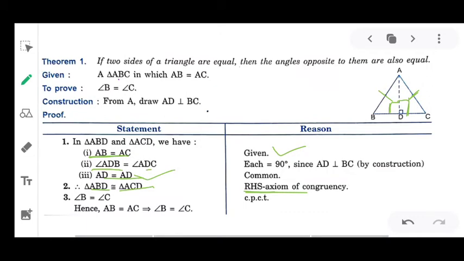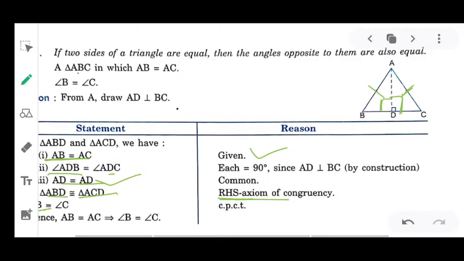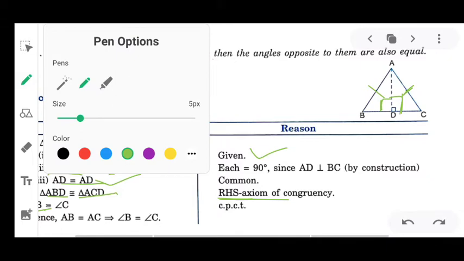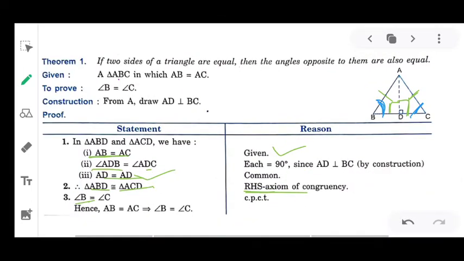Now if these two triangles are congruent, then we can say angle B is equal to its corresponding angle C. So the angles opposite to the equal sides are equal. Clear?